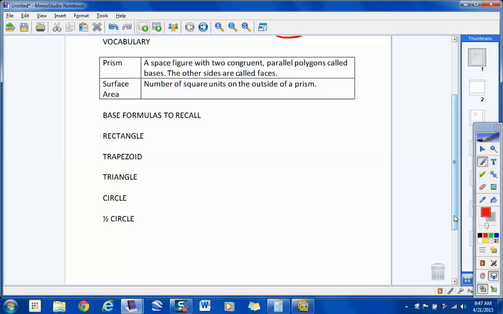No. So can that be a prism? Got to be some kind of a pyramid, all right? Grant, hold yours up for me real quickly. Are the top and bottom ever going to be the same when I set that down somehow? No. Absolutely not. So is that a prism? Be some kind of pyramid. Yeah, like a pyramid. Okay. So you understand the difference between pyramids and prisms, first of all.